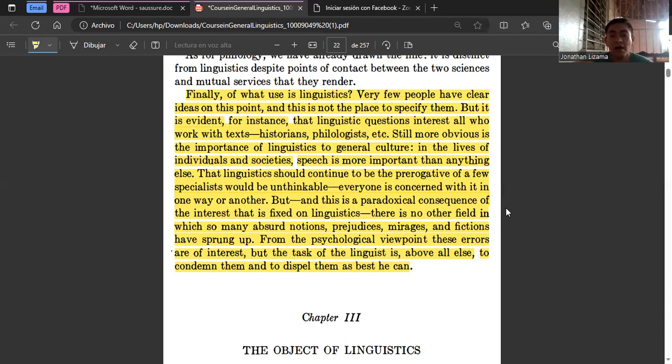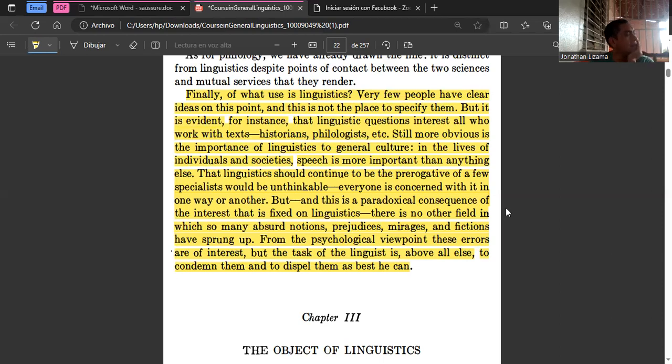From a psychological viewpoint, these errors are of interest, but the task of the linguist is, above all else, to condemn them and to dispel them as best he can. So you can see in this short text, according to Ferdinand de Saussure, everyone around the world is using the language. Everyone, everyone. And that's why we are here.